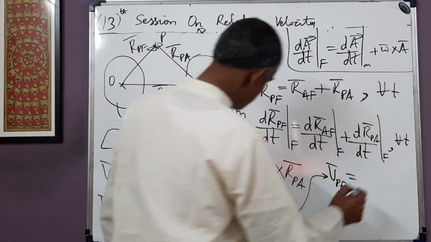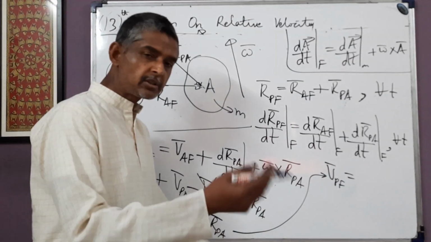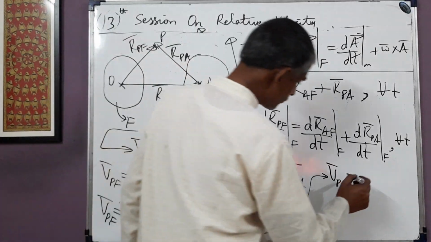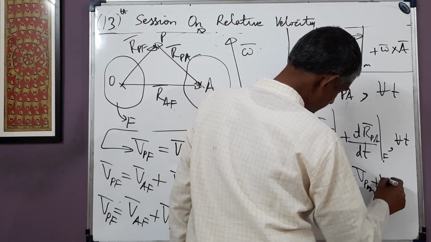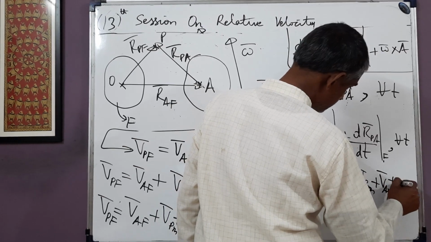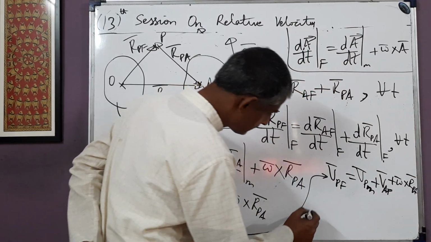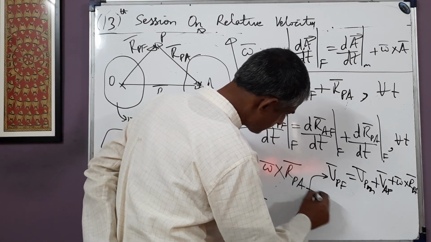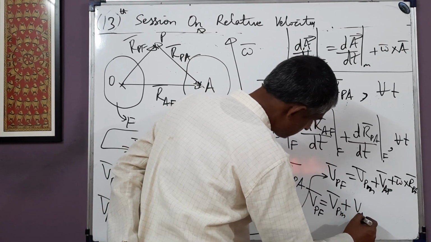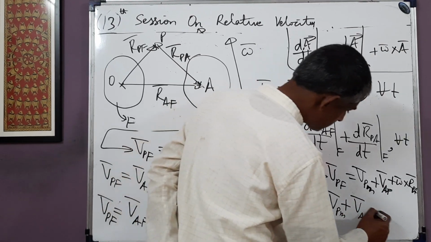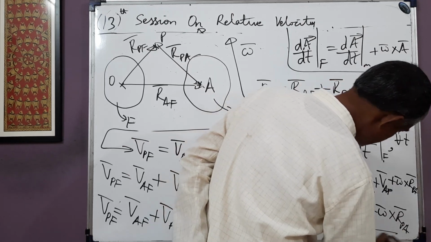So vPF is equal to, I am writing vPM first, commutative law of vector addition. Terms can be interchanged, no problem. So vPF is equal to vPM plus vAF plus omega cross rPA.